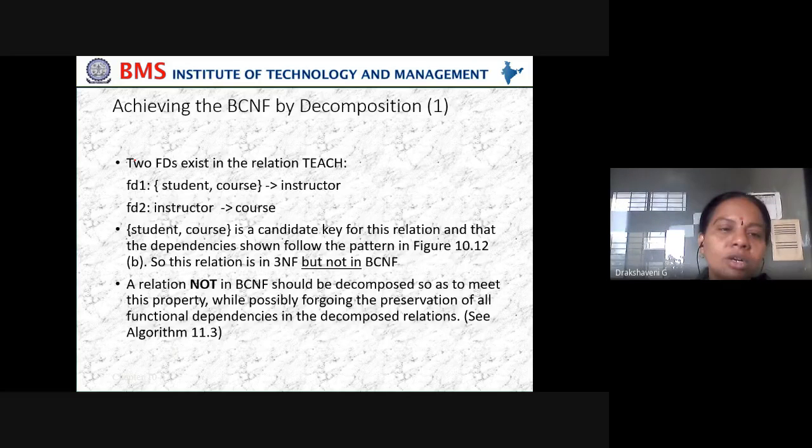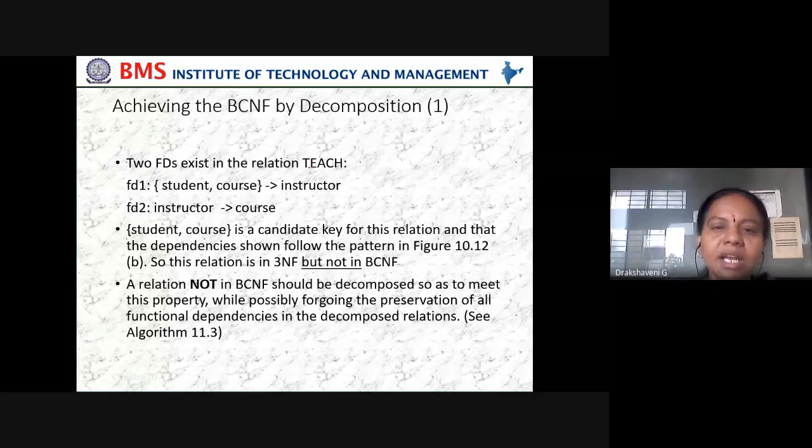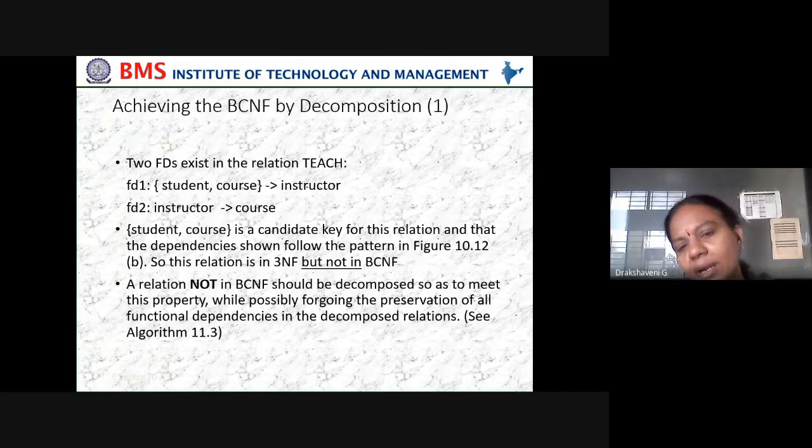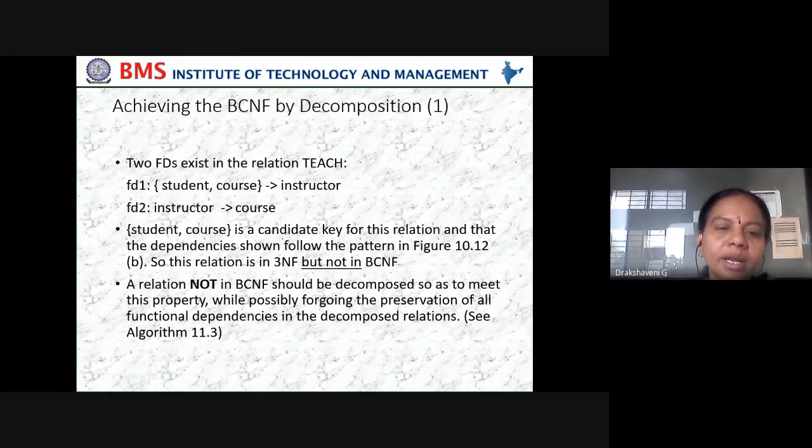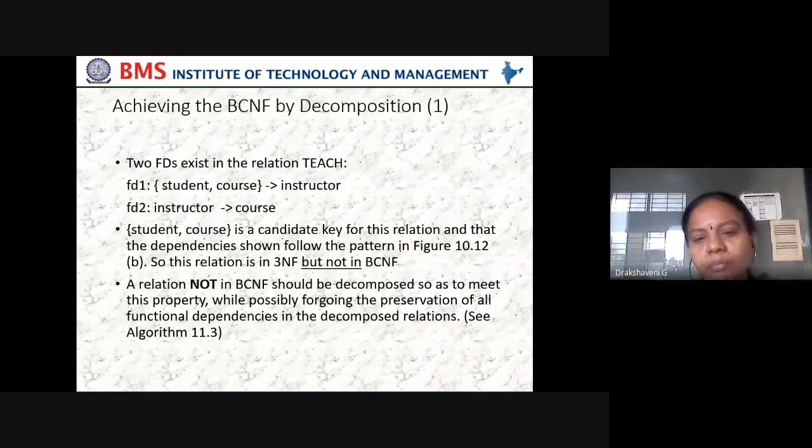Two functional dependencies exist in the relation Teach. That is, student and course are functionally determining instructor, and instructor is functionally determining course. Then student and course is a candidate key for this relation, and the dependencies are shown in the pattern in figure 10-12.